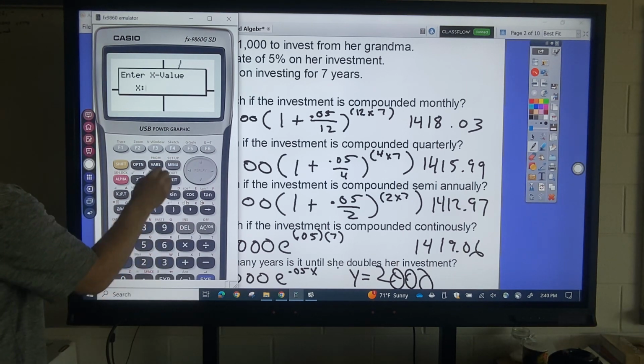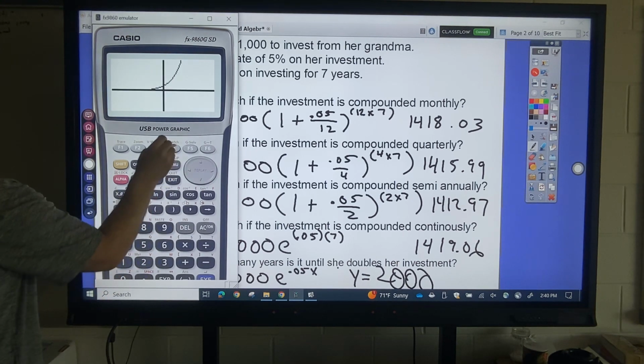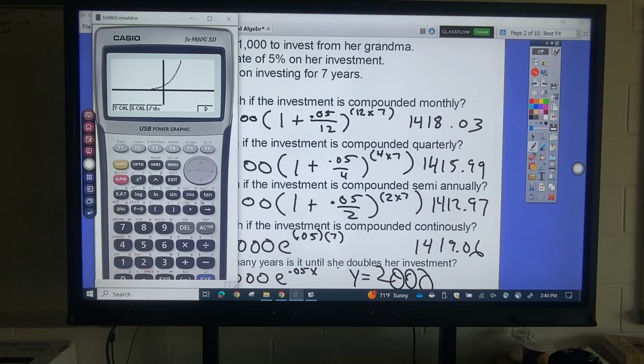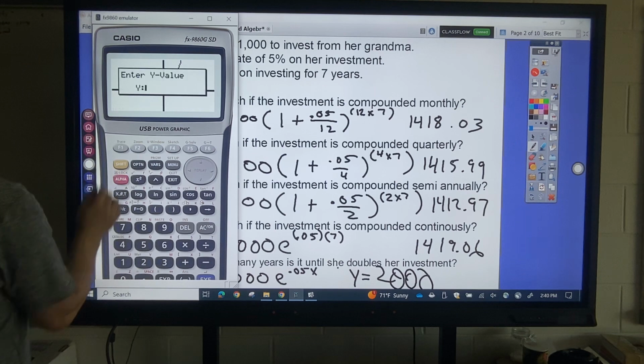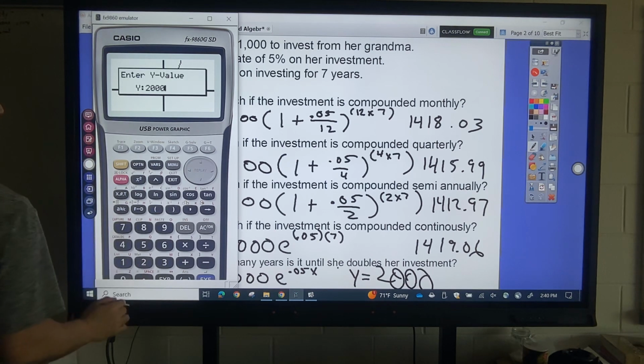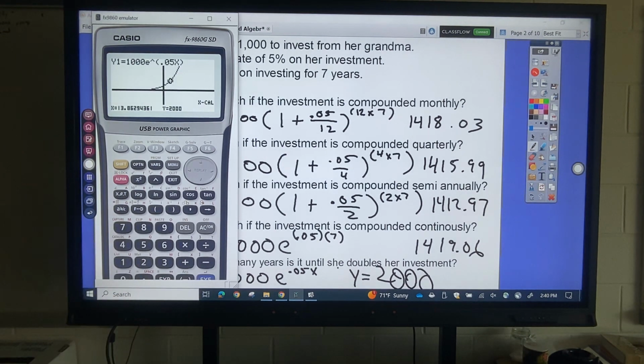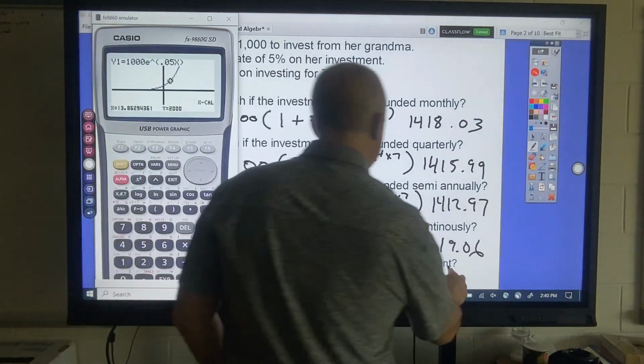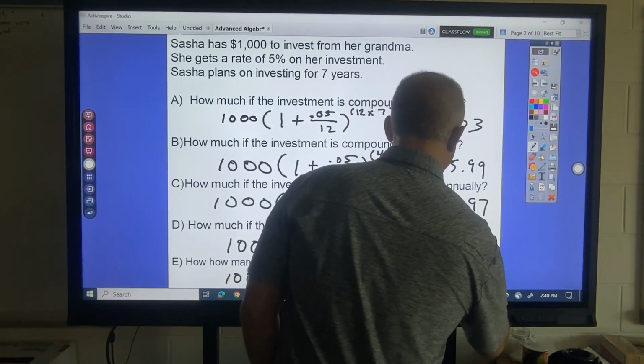I'm sorry. Gsolve, scroll over. I want to calculate when that's going to happen. So I'm going to put x and I'm going to put 2,000. And that would be 13.86 years.